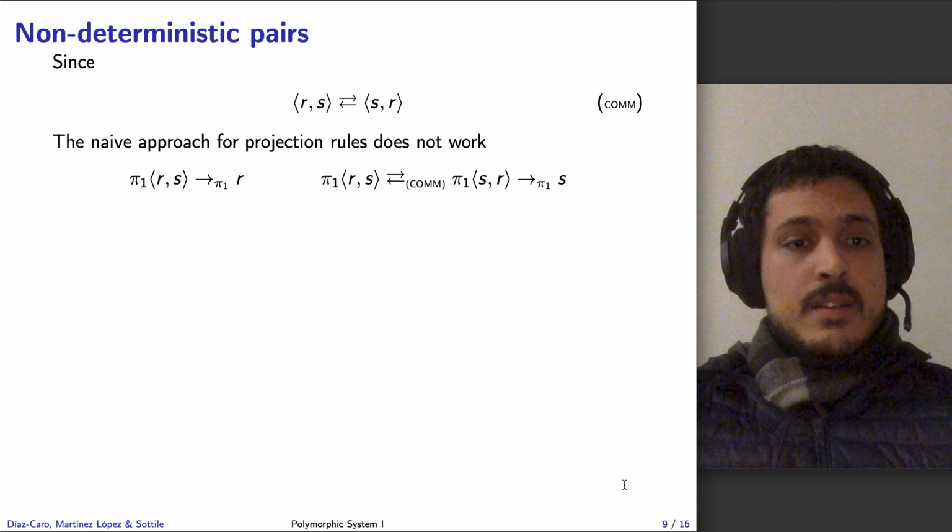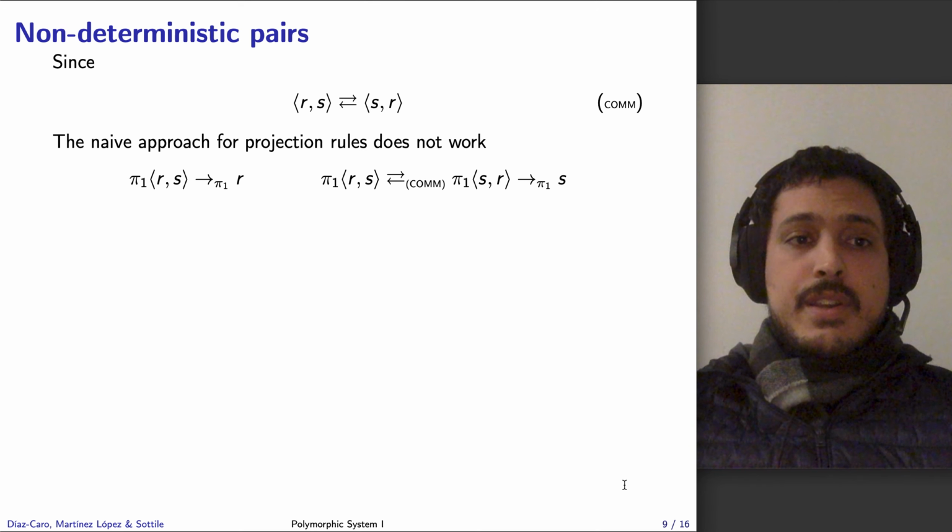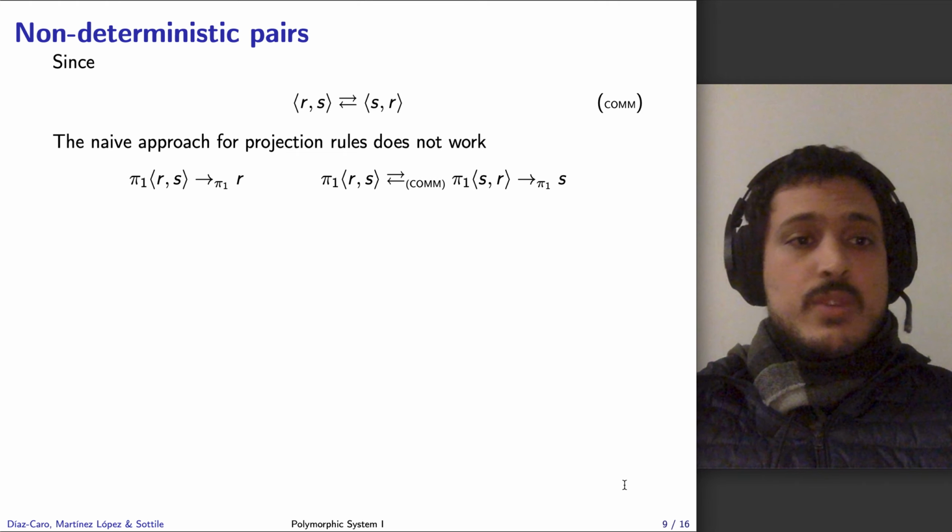So let's talk about the pairs. What happens with pairs here?